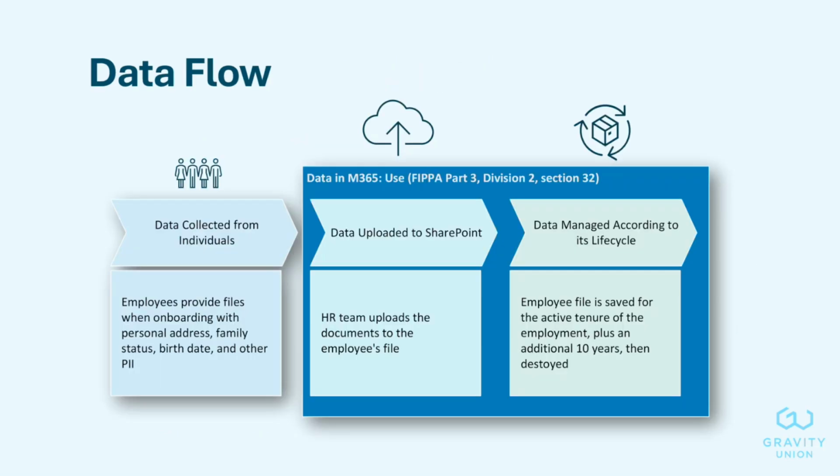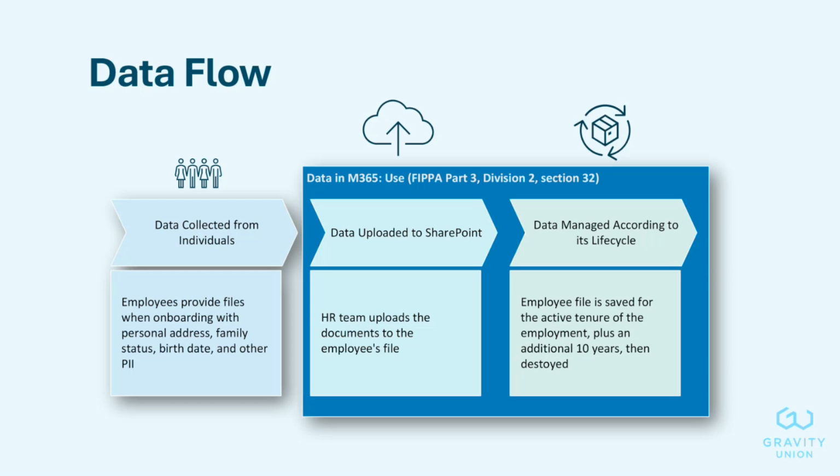This is a quick diagram of what that kind of data flow will look like potentially. Here I am quoting the BC FIPPA, but as I've stated, they are fairly similar across the different provinces and territories in Canada. So the first step is data is collected from individuals.